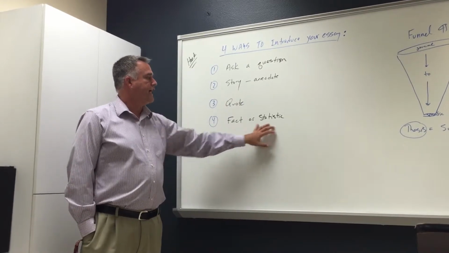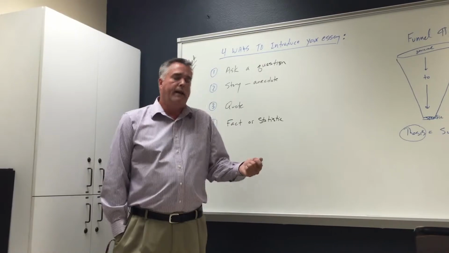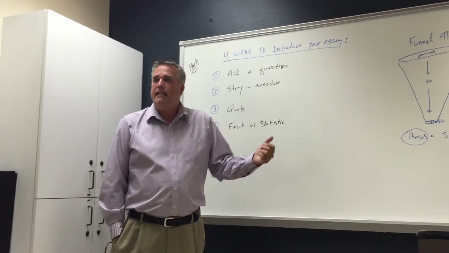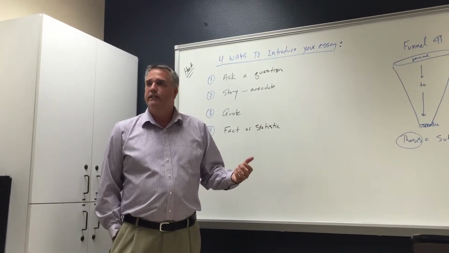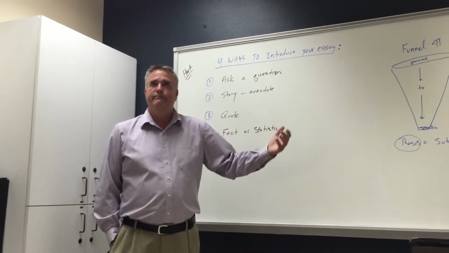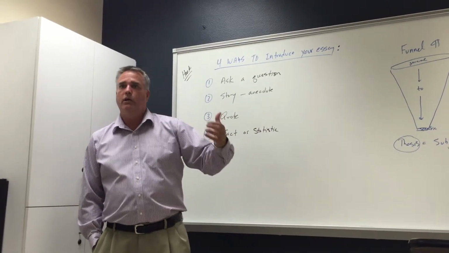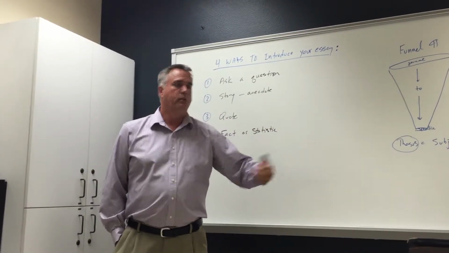The last one is a fact or a statistic, right? Again, I'm going to make up a fact or a statistic here, right? 87% of all first-year college students were specific types of learners, were auditory learners, or were kinesthetic learners, right?